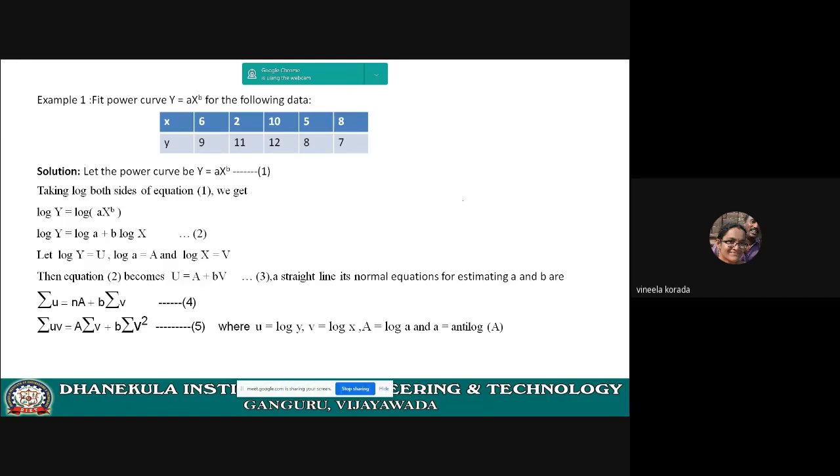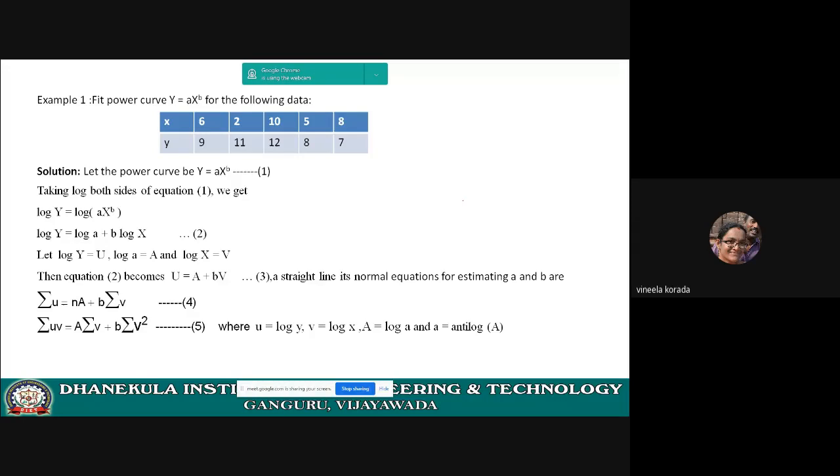Sigma uv is a sigma v plus b sigma v square. What is u here? Log y, v is log x, A is log a, and small a is the anti-logarithm of A to the base 10 here. Remember that. Don't forget. So now just write the data, normal equations and the assumptions of u, v and capital A in your notebook.